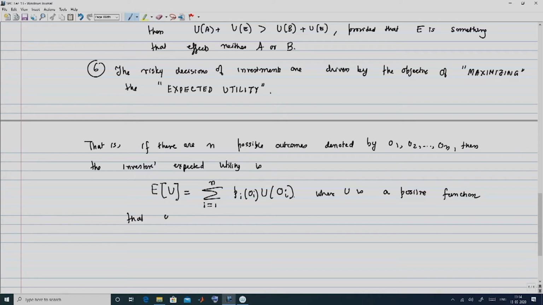that assigns utils, that is numerical values. So, remember, so far I have been talking about the numerical values being assigned.